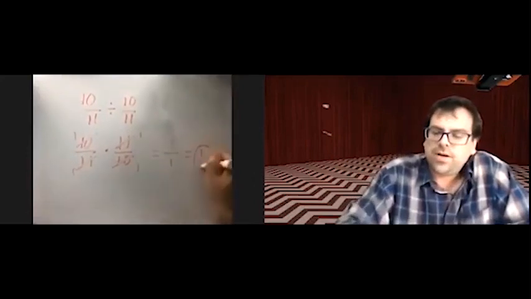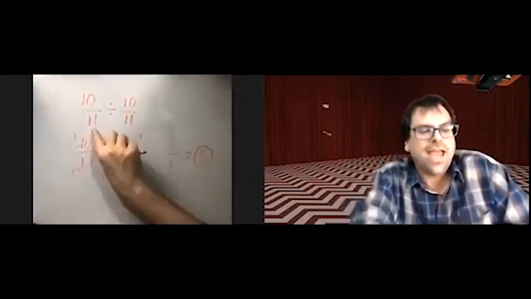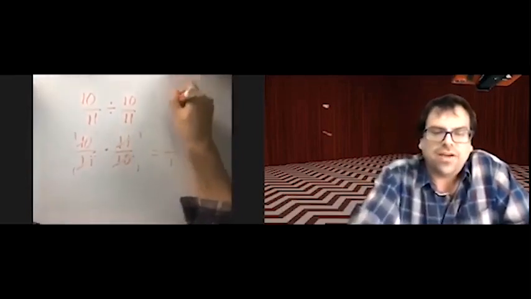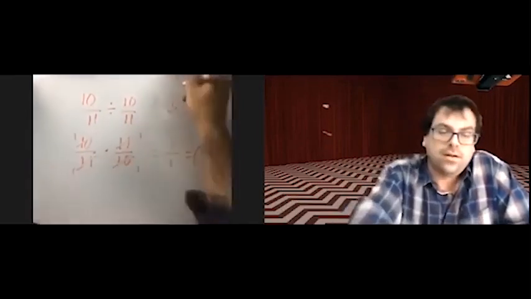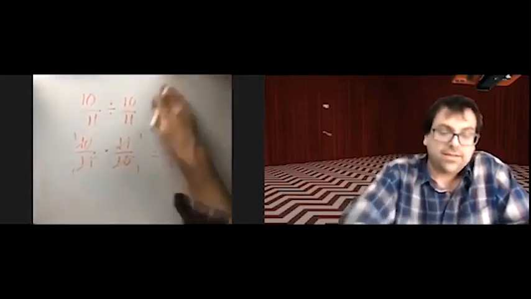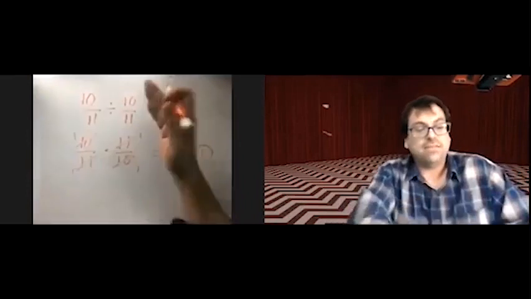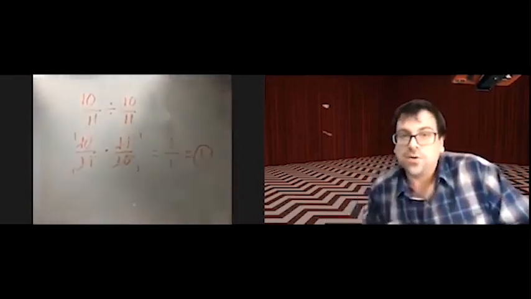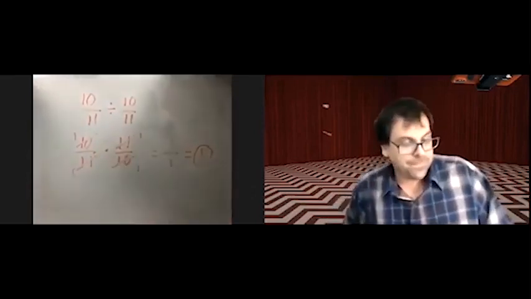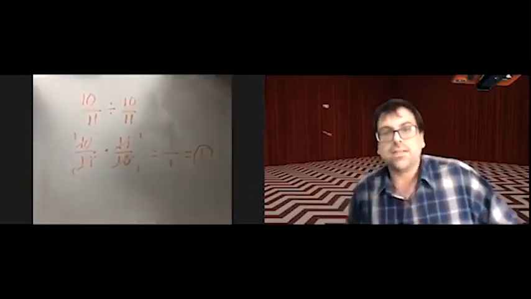Our answer is just 1. Anything divided by itself is 1. Remember, 5 over 5 is 1. Anything divided by itself, 10 elevenths divided by itself is still going to work out to 1. And that's because keep, change, flip. That'll give us a little bit more work.